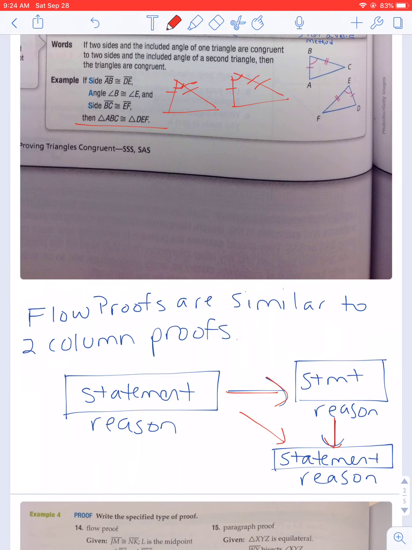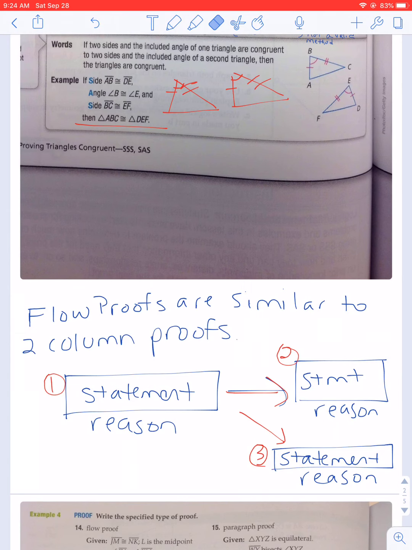So in the one that I did here, it seems like everything's flowing from here, so that's probably going to be the first statement and reason in your proof. And then from there, you might be able to make two conclusions, and so it really doesn't matter if this is your second statement or that's your third. But again, if you're going to use it this way, this would be gone, okay?